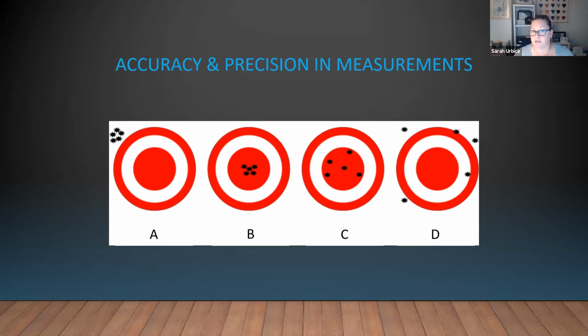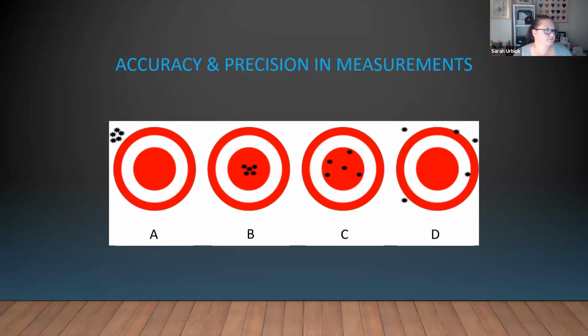Anybody can chime in. It's precise, but it's not accurate. The grouping is good. Okay. Yes, we would absolutely say low accuracy. We didn't hit where we wanted to, which is going to be the bullseye, but we're very precise in terms of consistently hitting where we hit.